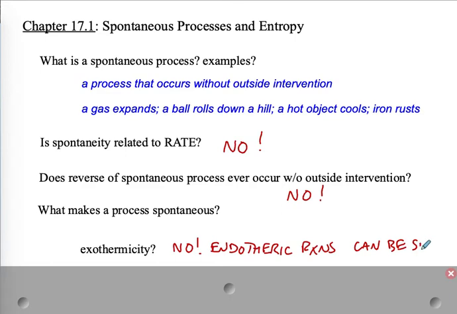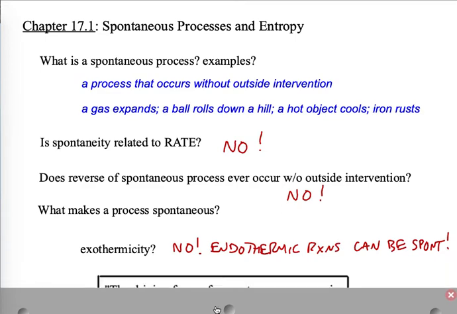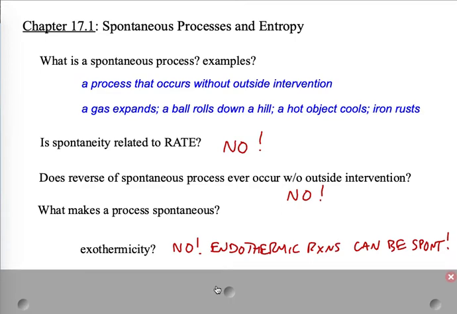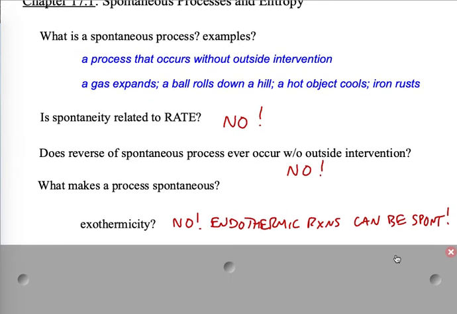And in class, I will demonstrate to you, and you may have seen in your own life, examples of endothermic reactions that actually occur without outside intervention. And I just realized I misspelled endothermic. There we go. So here is the primary criterion for spontaneity. Are you ready?